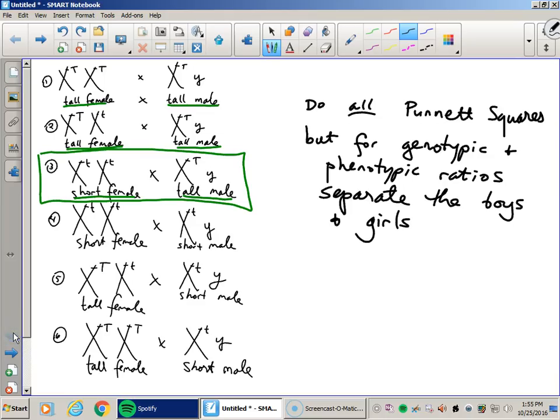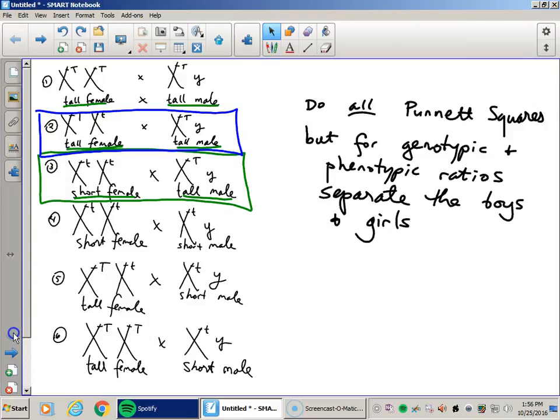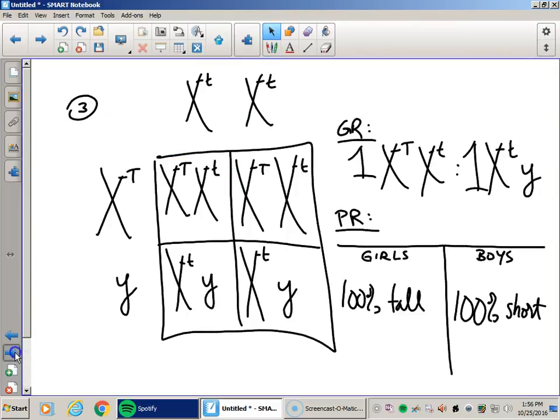Let's do the one that we just did, which is actually, well, which case was Bertha and Henry? Which case would match Bertha and Henry? Yeah, number 2. Exactly. So we'll do case 2. Solve that one together. So case 2 coming up.